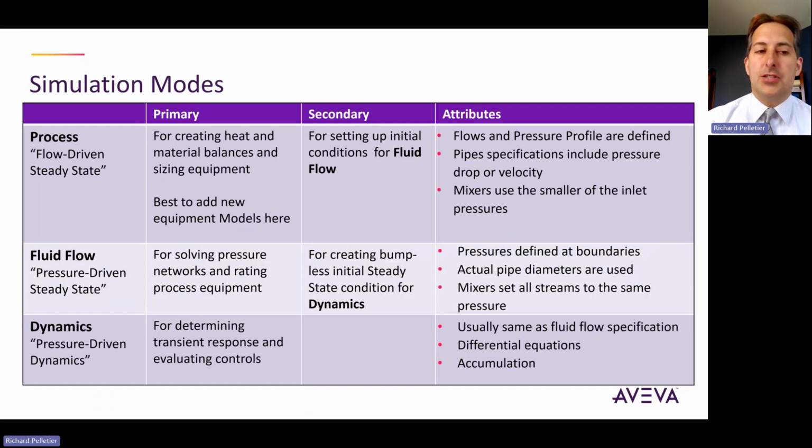And those operating conditions that I talked about before in process mode, that you had specified to size your equipment, they now become calculated. So flow rates tend to be calculated. Temperatures, pressures throughout the system where pressures aren't fixed for some reason, they're calculated. A lot of times duties end up being calculated.